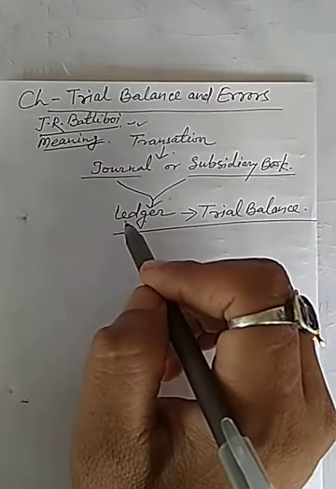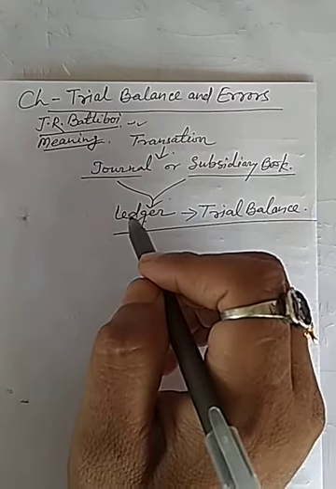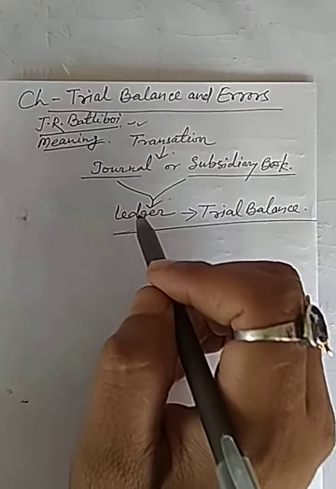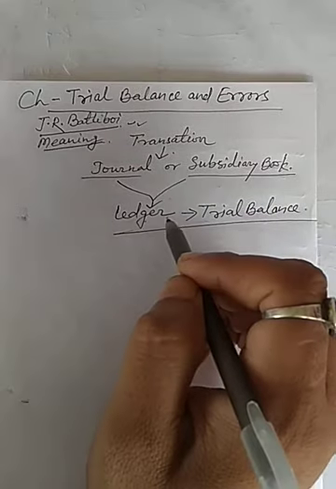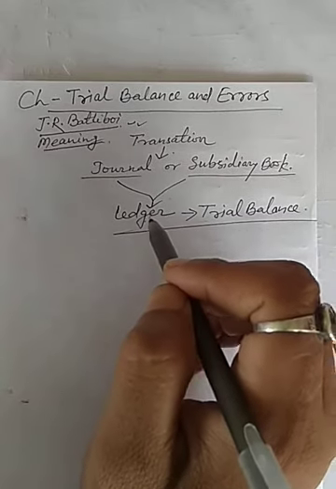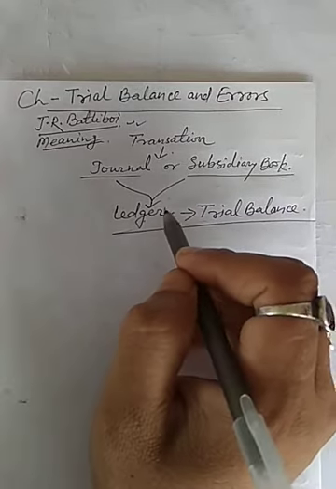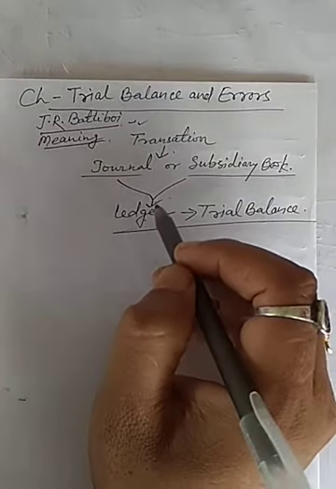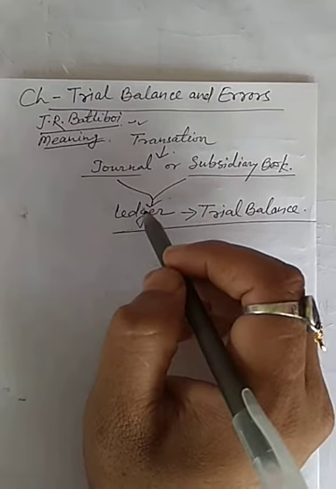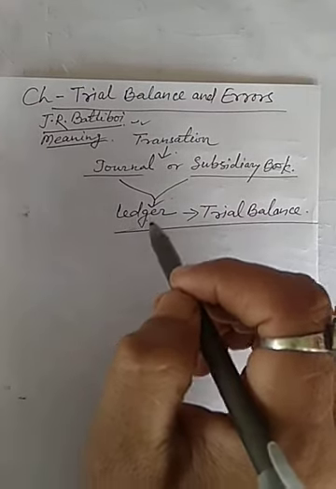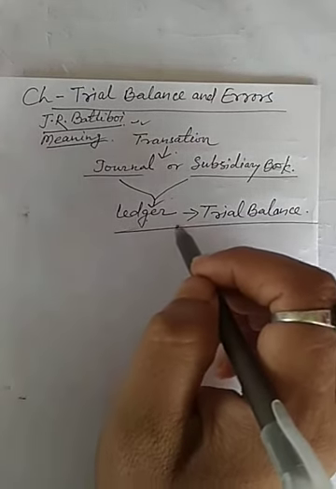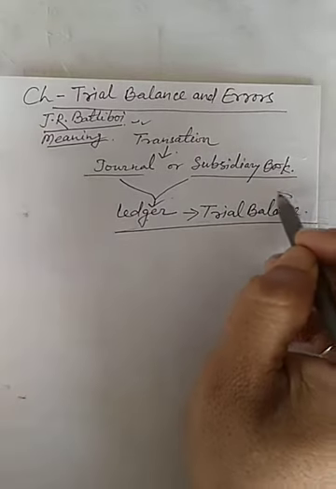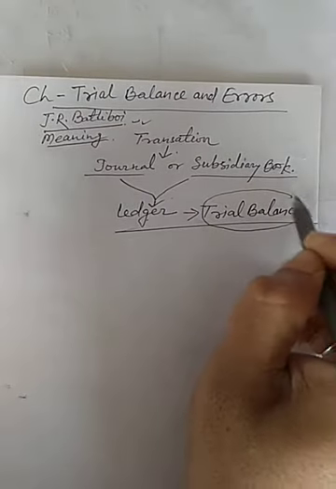In ledger, we are doing posting. For this purpose, a statement is prepared wherein the balances of all the accounts in the ledger are incorporated. The statement so prepared is called trial balance.